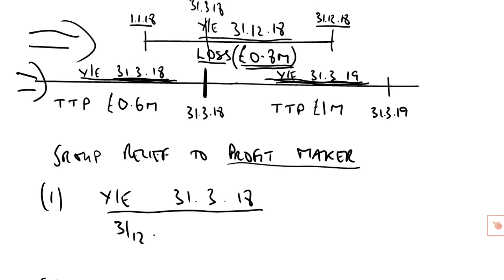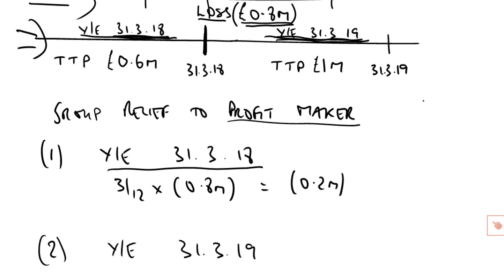Well, we've got 3/12 of a loss of 0.8 million, which will therefore be a loss of 0.2 million. 3 months of the year ended December 18 correspond with 3 months of the year ended March 18 for the profit maker, and therefore only 3 months of the loss may be group relieved against 3 months of the profit of the year ended March 18.